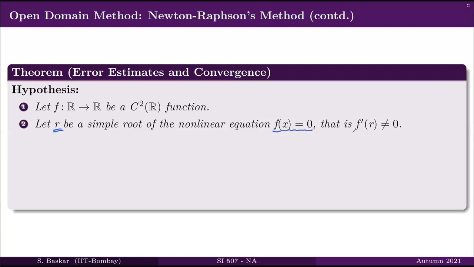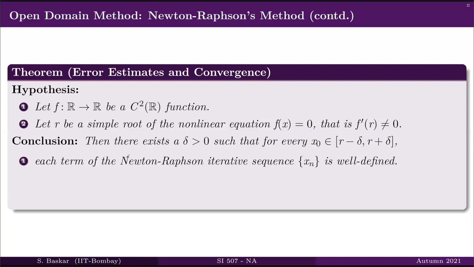It means f dash of r is not equal to 0. Given these two conditions, the theorem concludes that there exists a delta such that whenever you start your iteration, that is the value of x naught is chosen in the delta neighborhood of r, then all the terms in the sequence xn generated by the Newton-Raphson method are well defined.